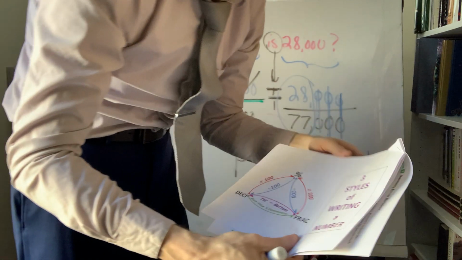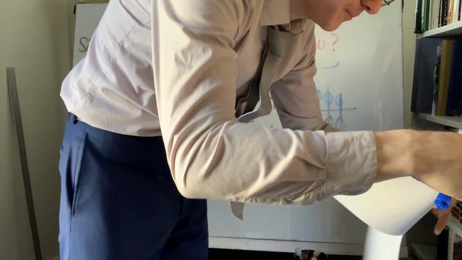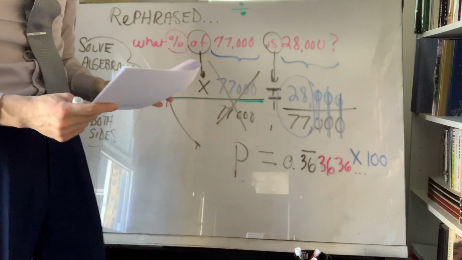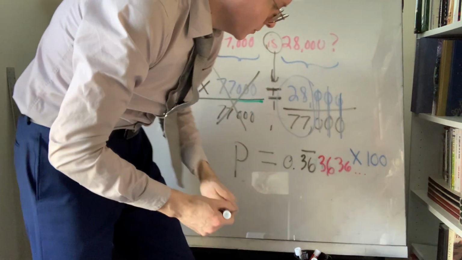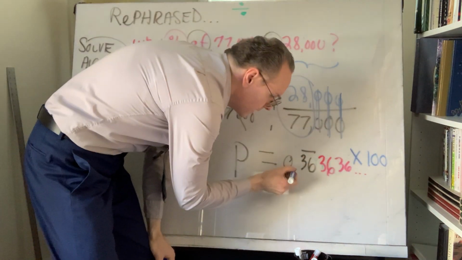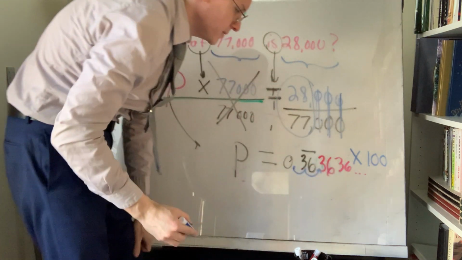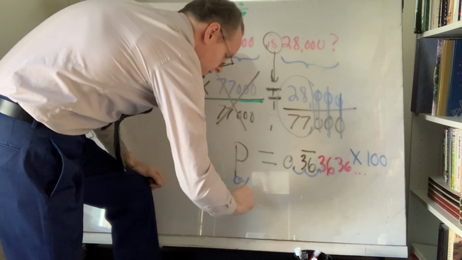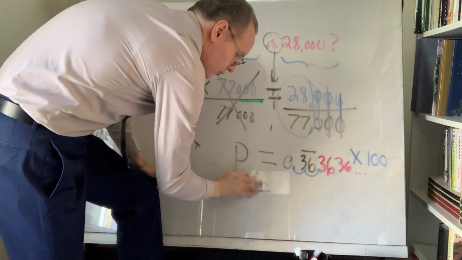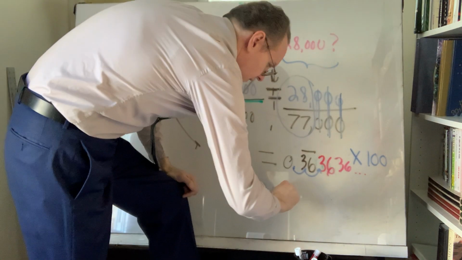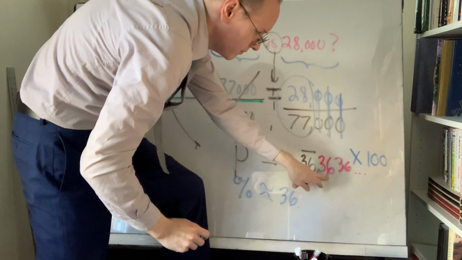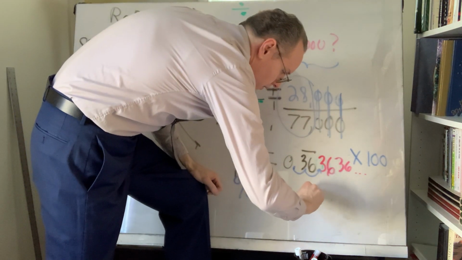What is the effect of that? The effect is to scoot the decimal point twice to the right, which means that this percentage is about equal to, because I'm rounding a bit, because it's repeating, 36.4%.